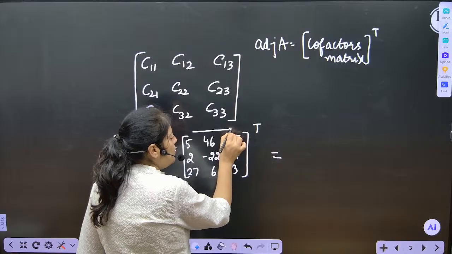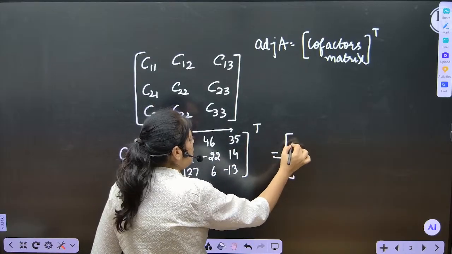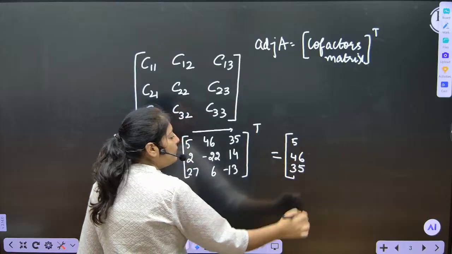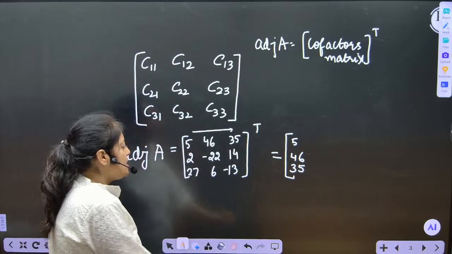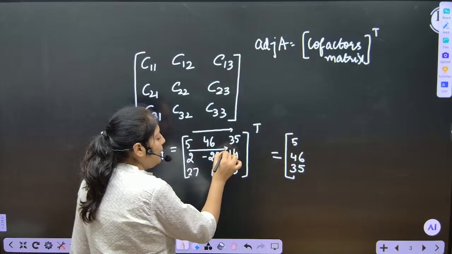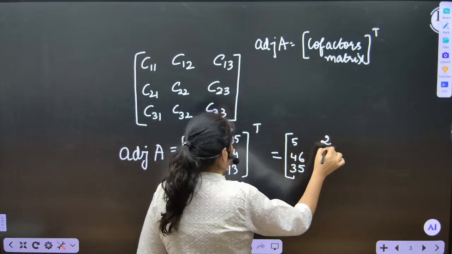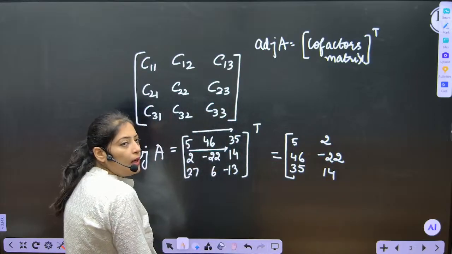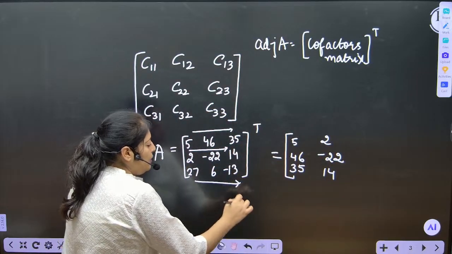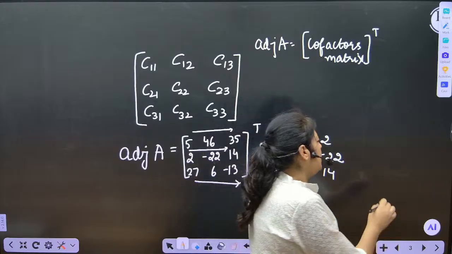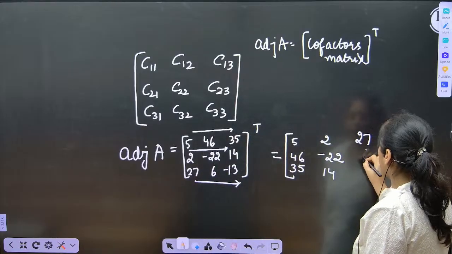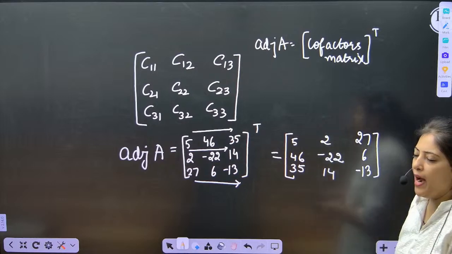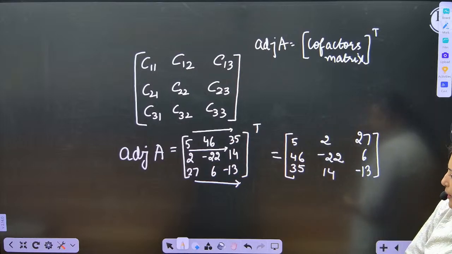First row will become first column. Second row will become second column. And third row will become third column. So this is my adjoint of A.